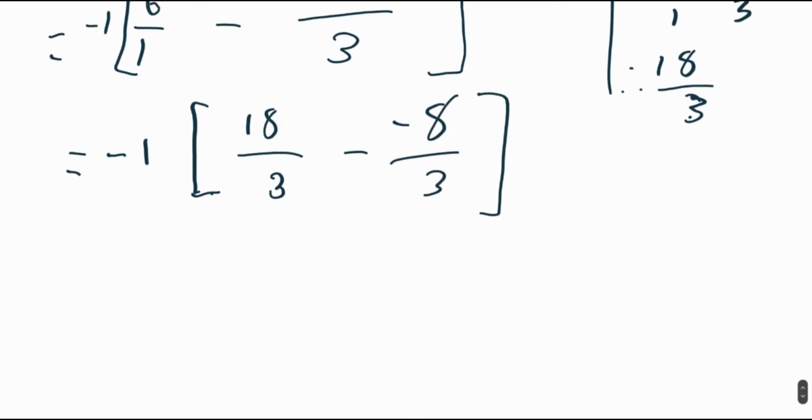So here we are going to get -1 times 26 over 3. The reason it is 26 is because when you minus a negative number from a positive, it's basically like adding.